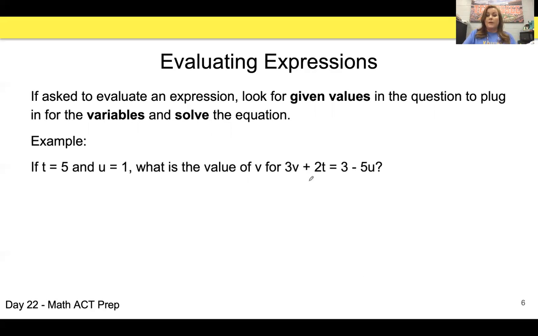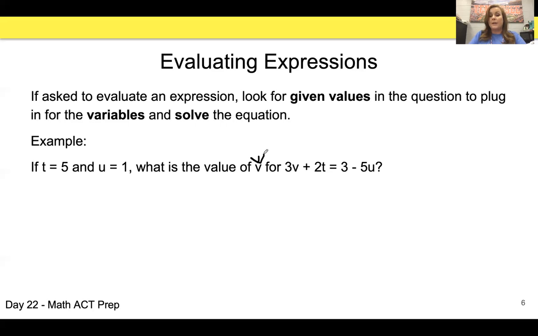So, like here, technically this is an equation, because we got an equal sign here, but because you're giving me the value of the variables, I can solve for v. Technically we're solving this equation.